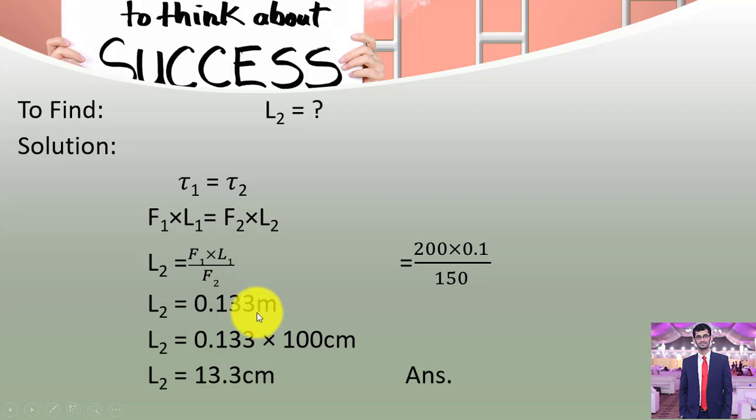If we need to convert this value from meter to centimeter, we shall multiply this term by 100 and we get the value of our spanner in centimeter as L2 is equal to 0.133 multiplied by 100 centimeter gives us 13.3 centimeter, which is the length of the spanner which is required to open the same nut with the force of 150 Newton. And this is the answer of this question.